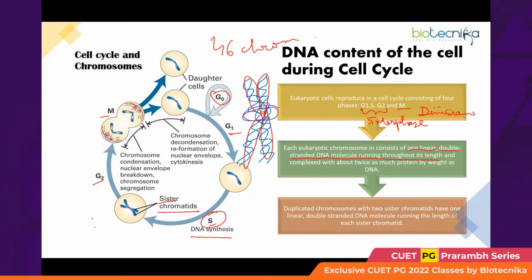So a duplicated chromosome with two sister chromatids has one linear double-stranded DNA molecule running the length of each sister chromatid, and only in the anaphase of the M stage will they separate.